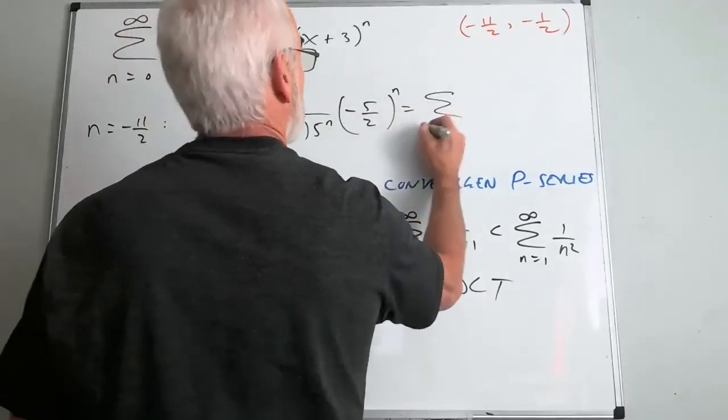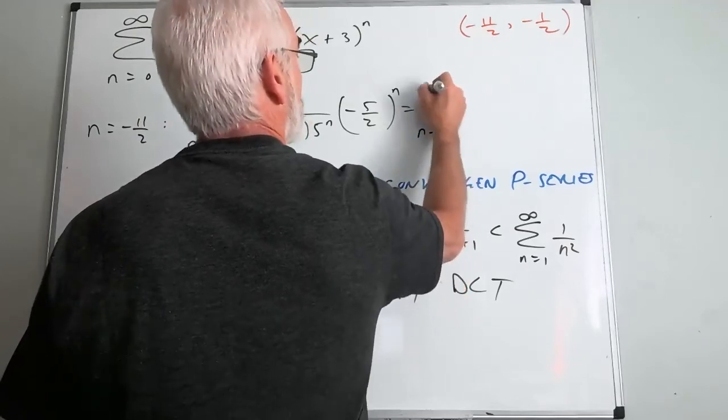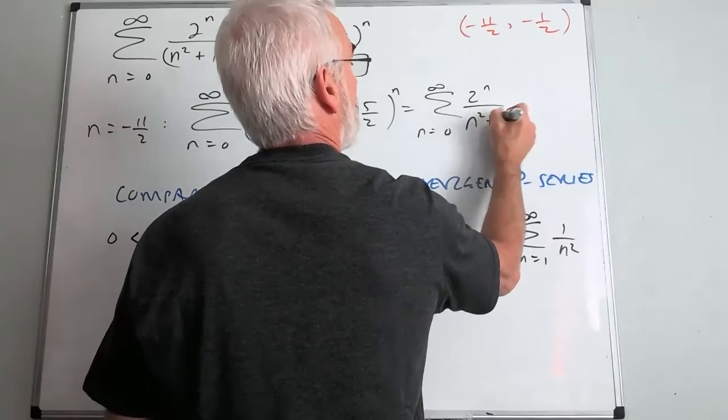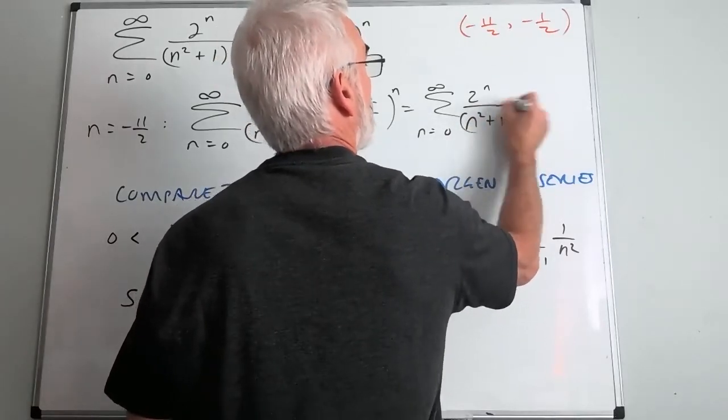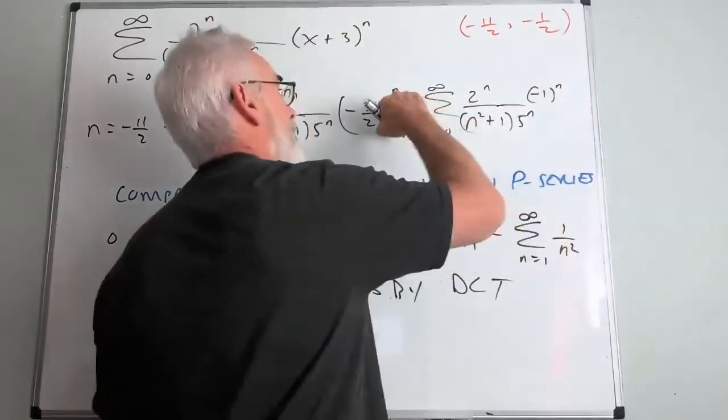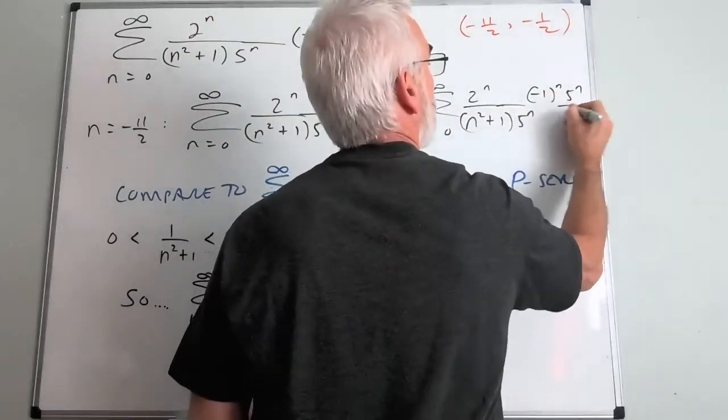So if it helps, let's do what we did before and break it up, actually. -1 to the n, 5 to the n, over 2 to the n.